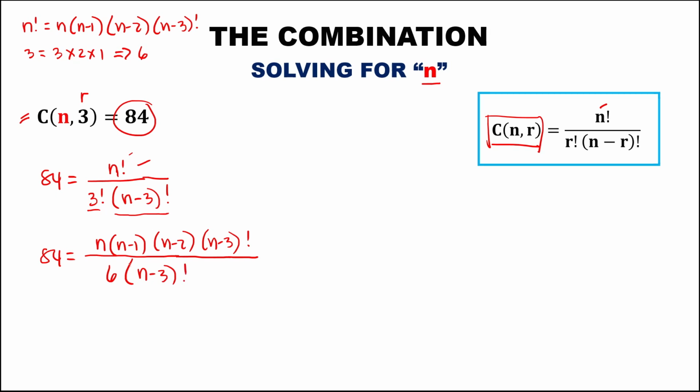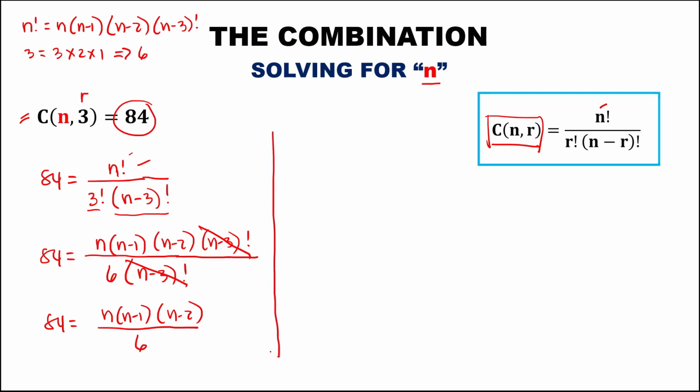Then observe we can now eliminate the n minus 3 factorial and n minus 3 factorial. So the remaining is 84 equals n times n minus 1 times n minus 2 over 6. Then we need to do the crisscross multiplication, or just multiply 84 and 6.